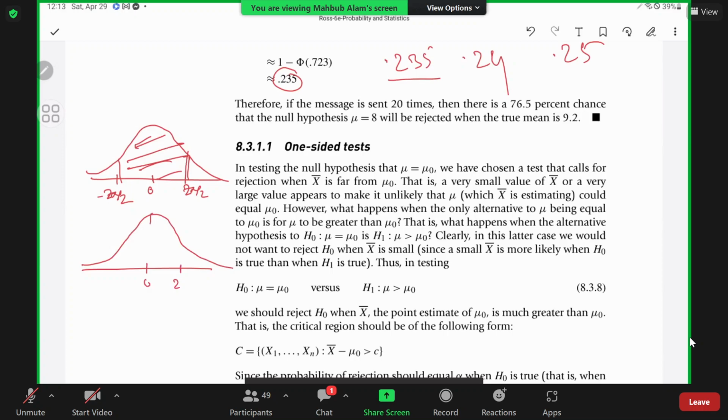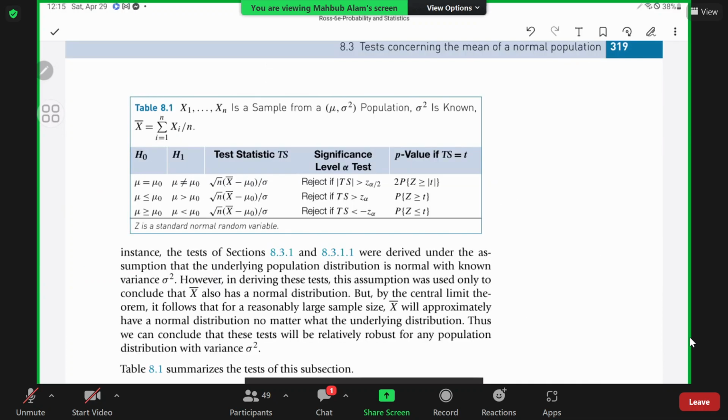The summary of the hypothesis testing is given on the top of the table. We want to test the hypothesis from a sample. The sample is taken from a normal population where sigma square is known. The sampling statistic is this one.